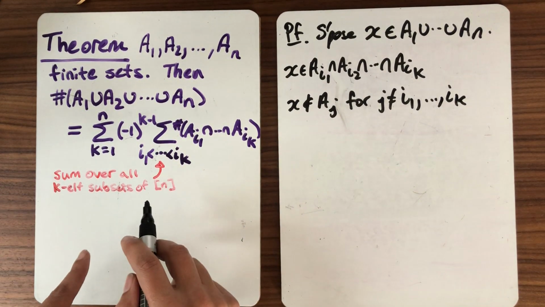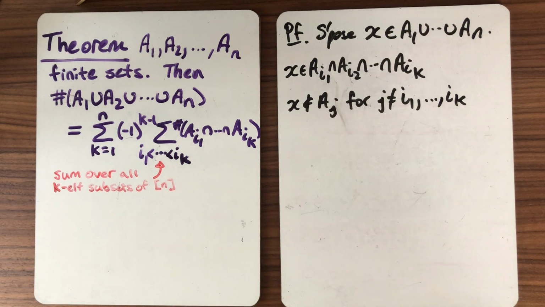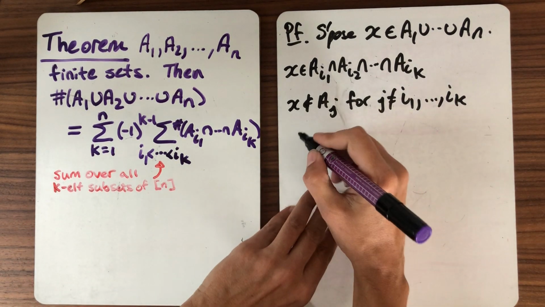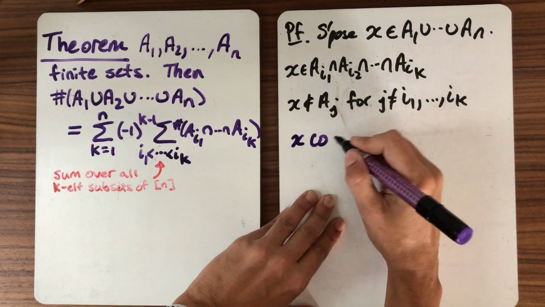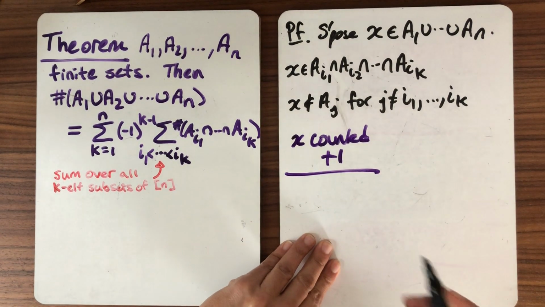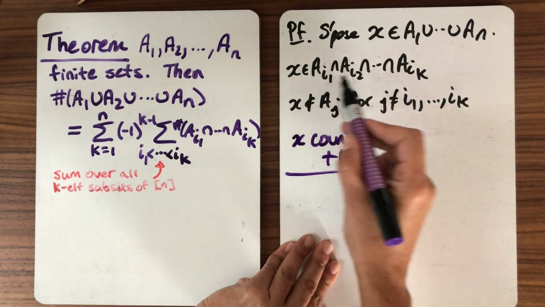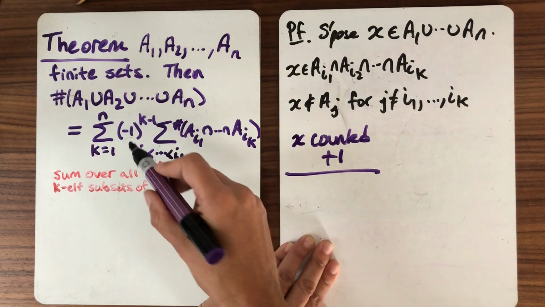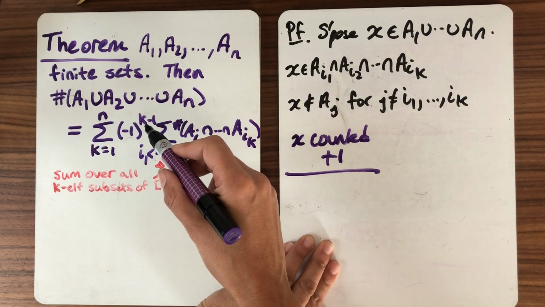Now let's look at this formula and figure out how many times we count x. It's going to be counted either positively or negatively. Let's think about the positives. x is counted plus 1 in how many ways? Every time I take any of these k sets, where k minus 1 is even, I'm going to get it.